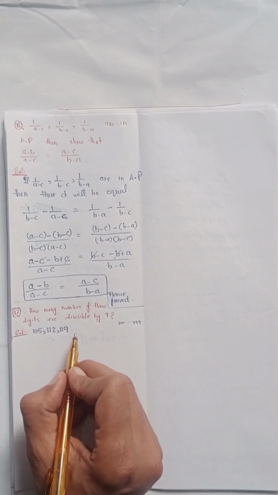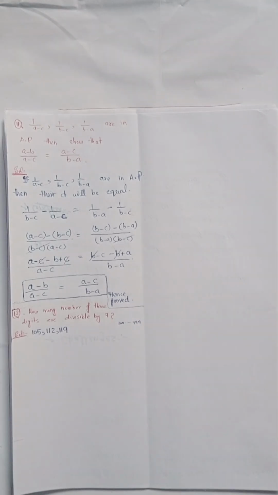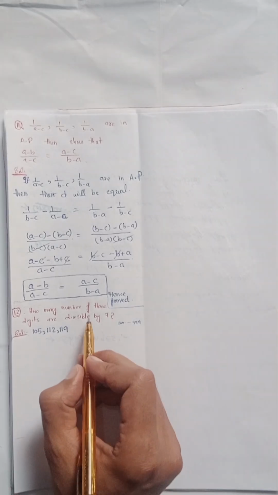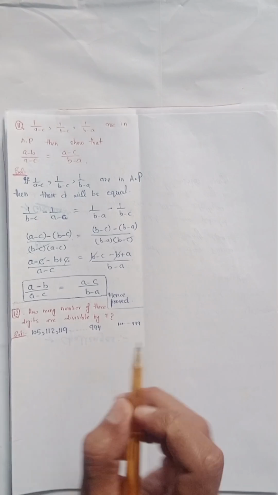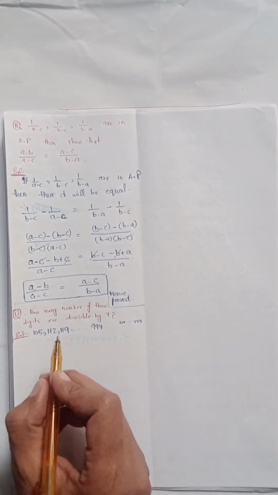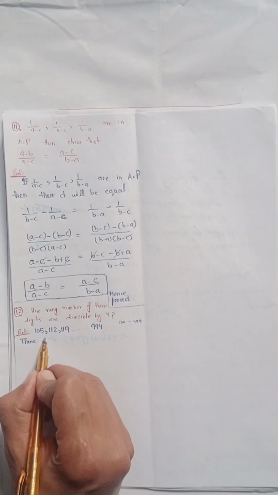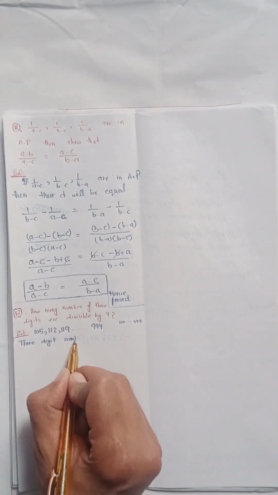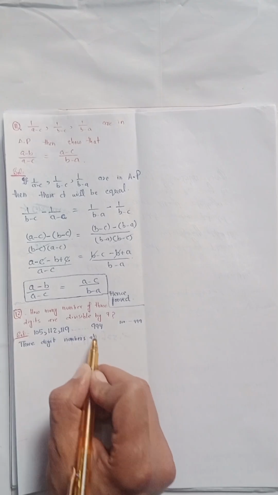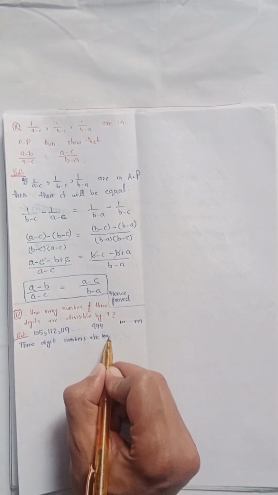3-digit numbers are 100, 101, 103, and so on up to 999, but numbers divisible by 7 are 105, 112, and so on up to 994, because all 3-digit numbers are not divisible by 7.